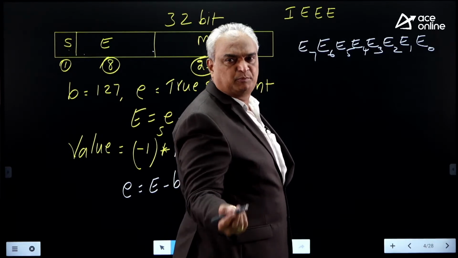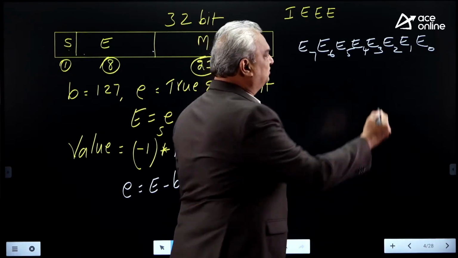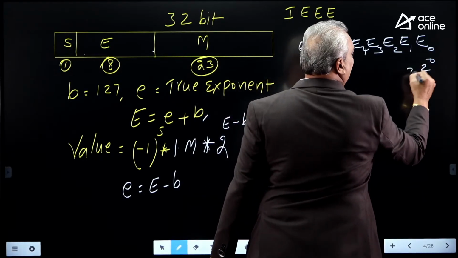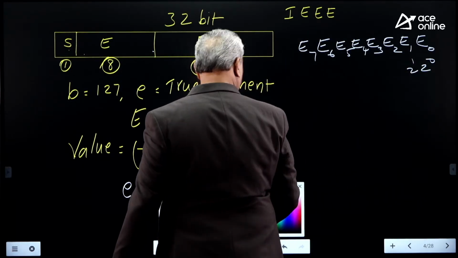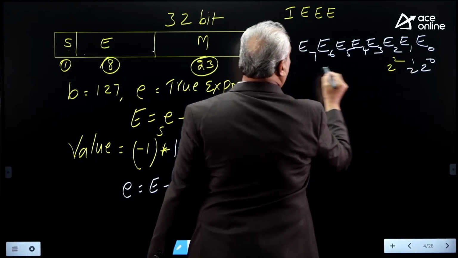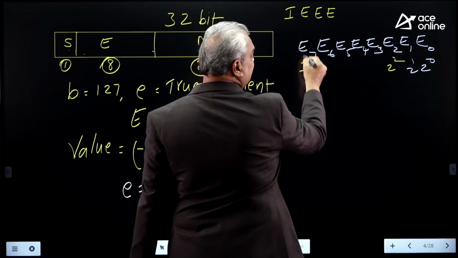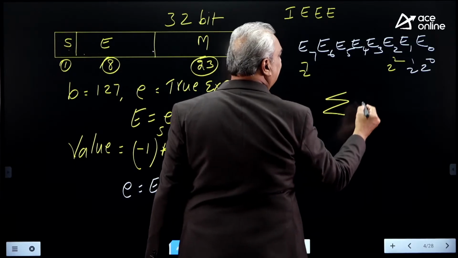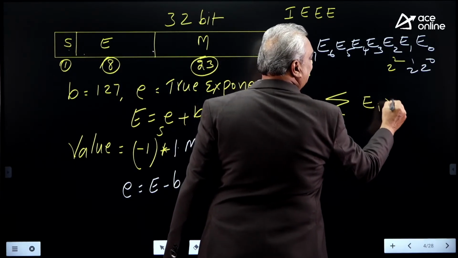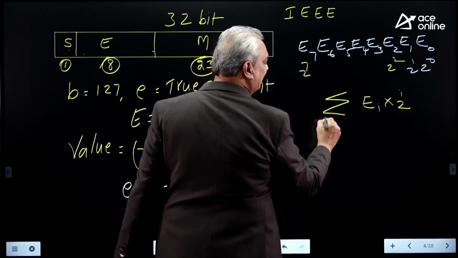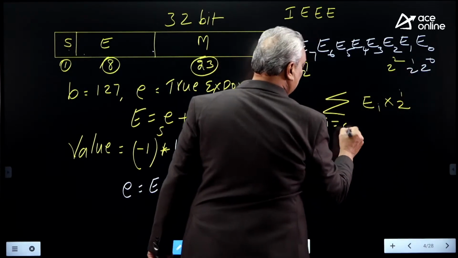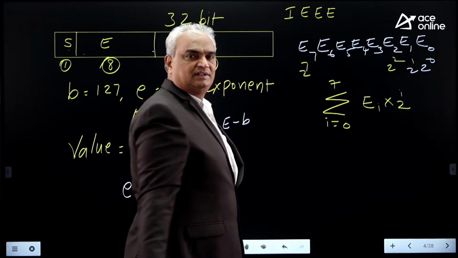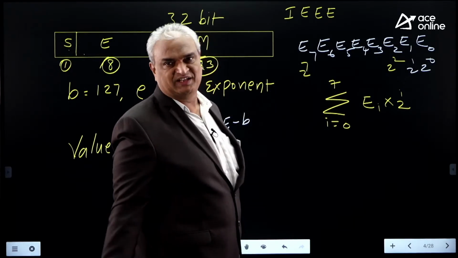What is the procedure for finding the decimal value? 2 power 0, 2 power 1, 2 power 2, like that up to 2 power 7. E7 into 2 power 7, so finally sigma Ei into 2 power i, where i ranges from 0 to 7. This is the procedure for finding its value.